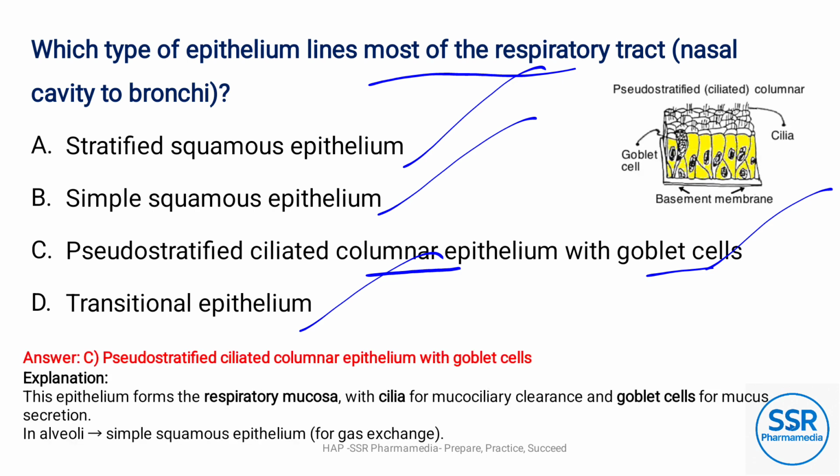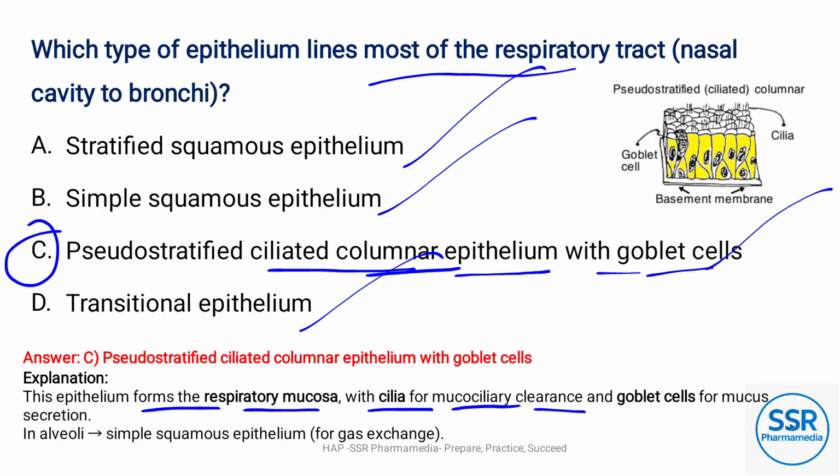So the answer is option C, pseudostratified ciliated columnar epithelium with goblet cells. This epithelium forms the respiratory mucosa, with cilia for mucociliary clearance and goblet cells for mucus secretion. In the alveoli, simple squamous epithelium is present, where gas exchange takes place.